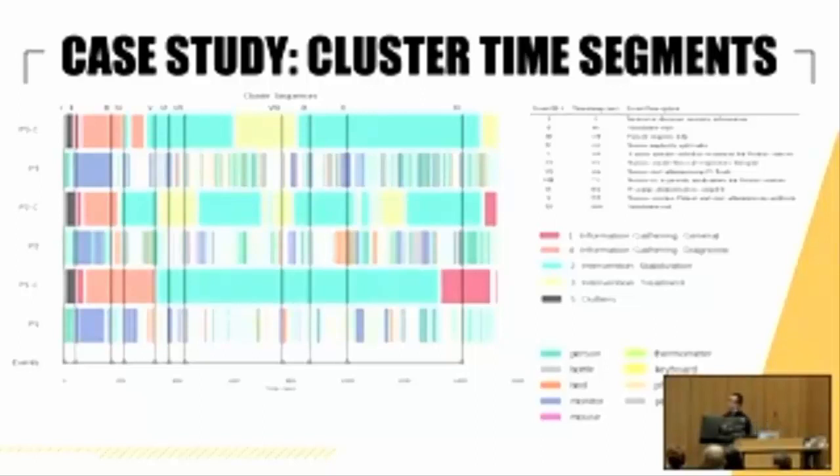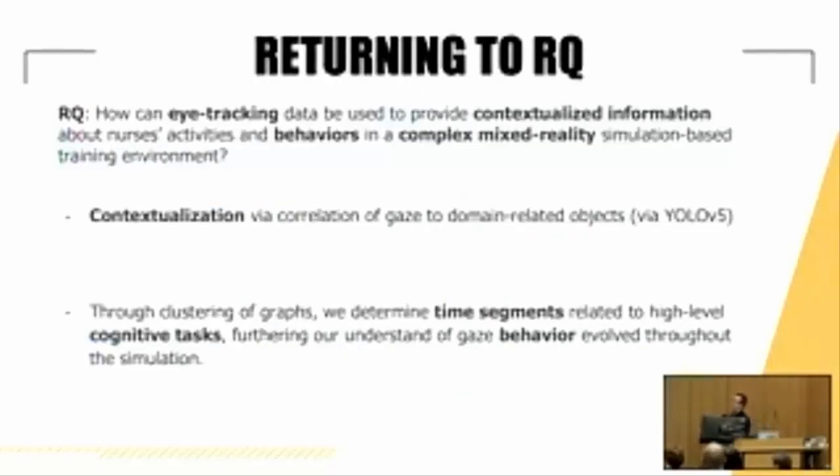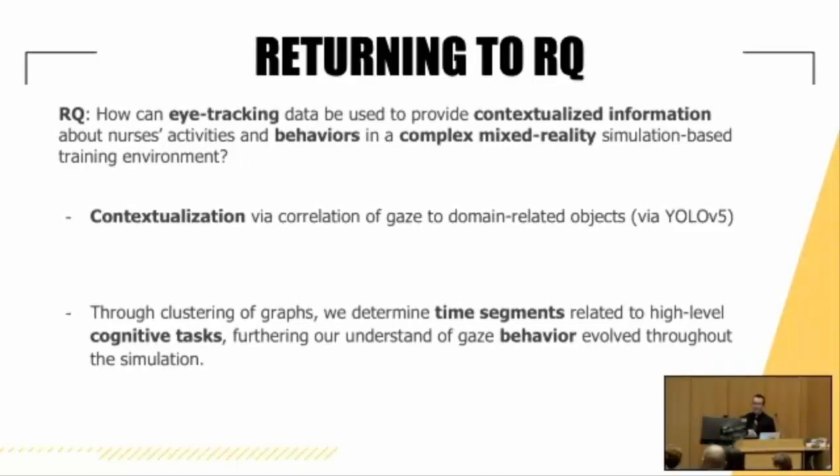So to return back to our research question about how we can use eye tracking to contextualize and then understand students' behaviors in this complex environment, as a lot of eye tracking research is done, it's about contextualizing it to the domain. Original raw eye tracking data is just XY values that don't tell us much. So what we need to be able to do is use, for example, Tobii eye tracking glasses that help us deal with mixed reality environments, and then use YOLO-V5 to identify where they're looking.